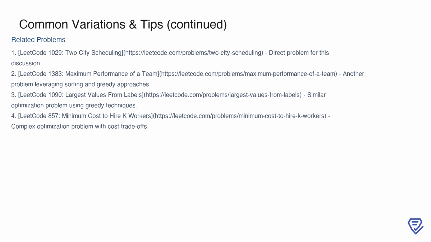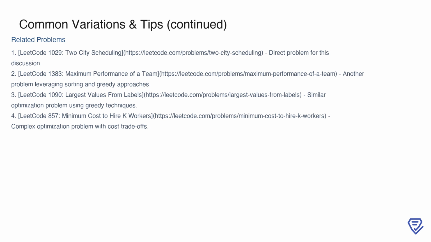Understanding related problems can provide valuable context and enhance your ability to solve variations of this challenge. The primary problem under discussion is LeetCode 1029, 2-city scheduling, which requires optimizing costs while adhering to constraints. Another relevant problem is LeetCode 1383, maximum performance of a team, which also leverages sorting and greedy techniques to achieve optimal results.